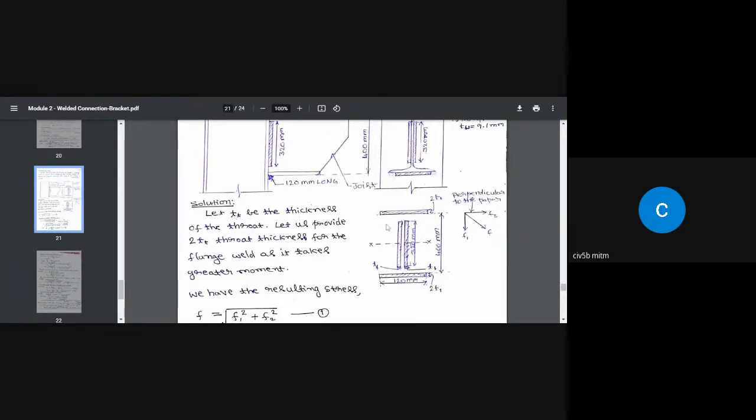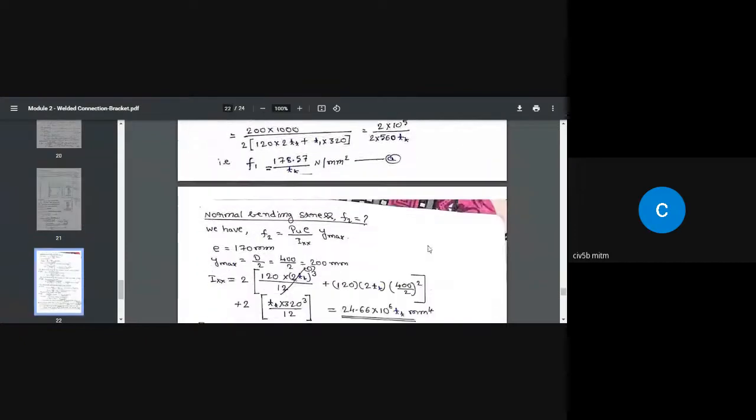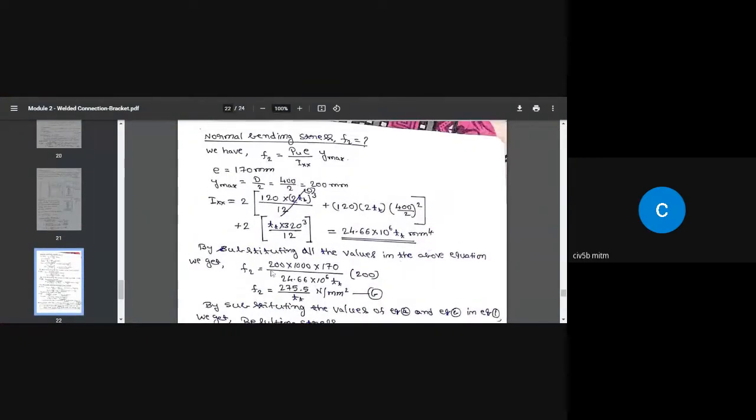Of course, we should consider up to the center of the weld, but here we ignore the thickness of the weld in all our calculations because its contribution to distance is negligible. So Y max is known.